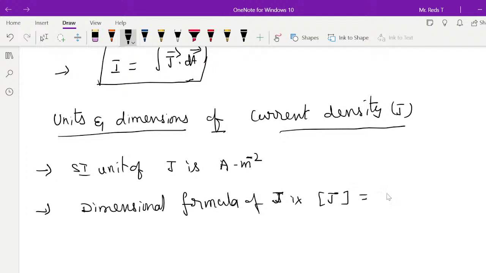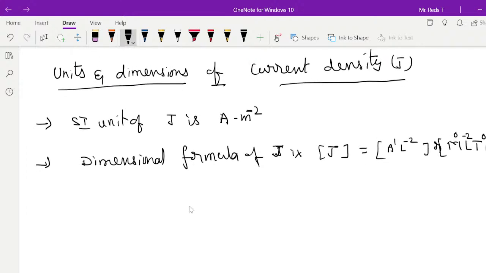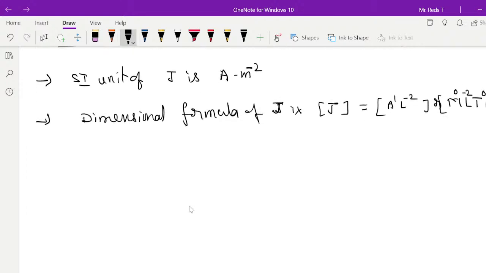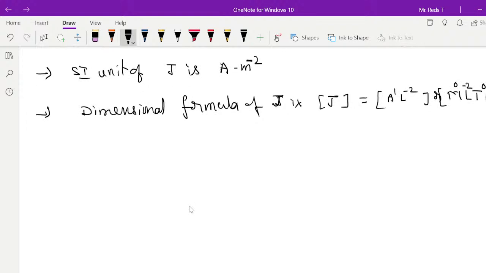Meter is the unit of length, so you can write it as A power 1 L power minus 2, or in terms of MLT, this is how you can write the dimensional formula of current density. Current density is a vector. Its direction is along the unit normal of the given area at a given point. This is briefly about current density.